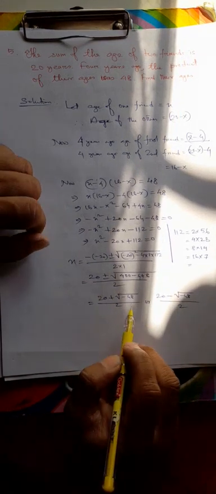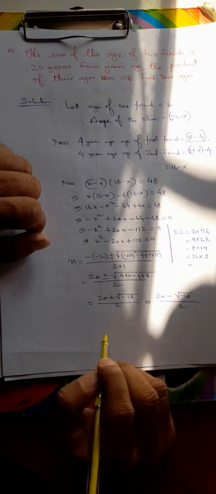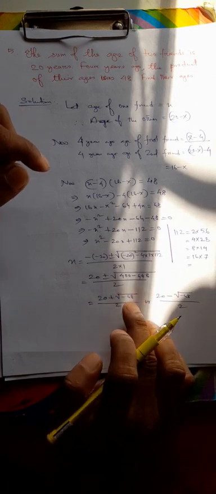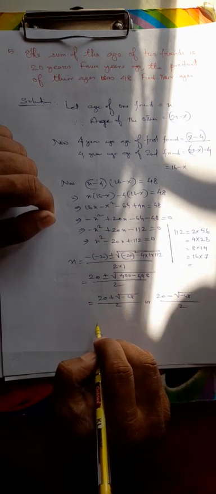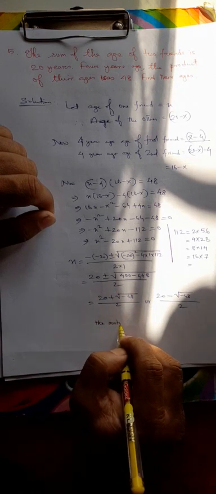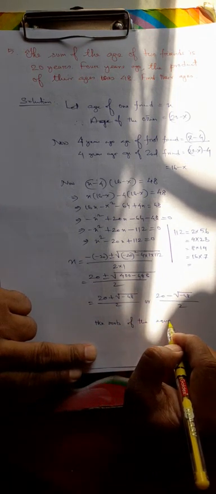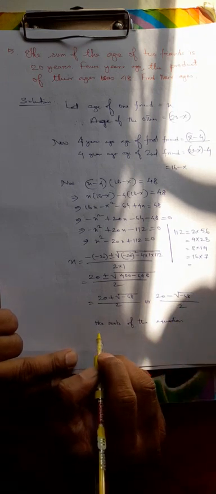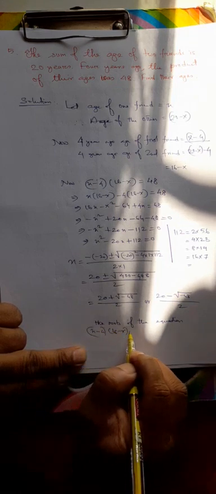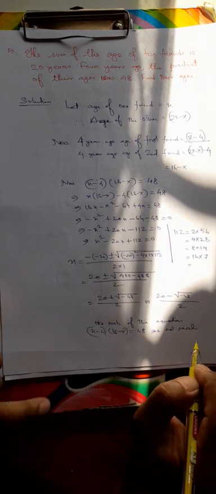Now can we find any real number whose square is minus 48? It is not, next to impossible. That means there is no real number so that square root of minus 48 can be simplified. That means these roots of the equation x minus 4 into 16 minus x equal to 48 are not real, right?